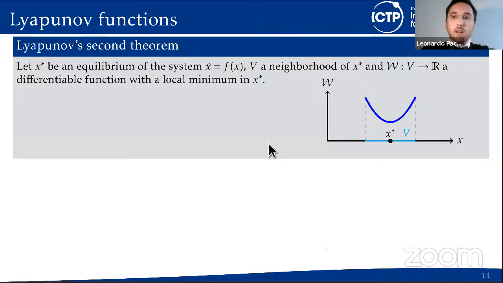If you remember, if we have a generic nonlinear differential equation with x star an equilibrium, and we suppose that in a neighborhood of x star, we can define a function w such that this function has a minimum on the equilibrium, then the stability of the equilibrium can be studied by looking at how this function w behaves along the trajectories of the system.